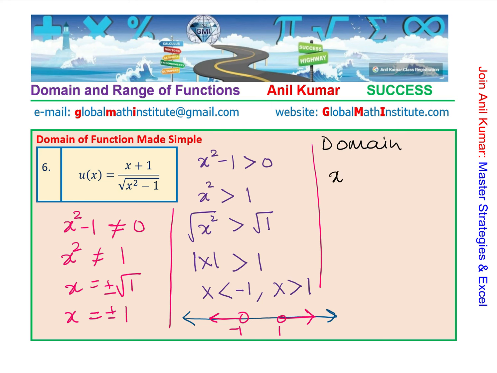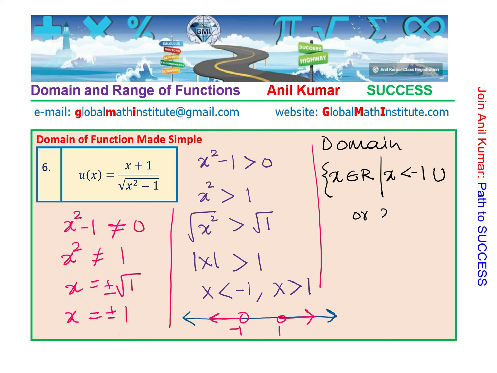So we say x belongs to the set of real numbers where x is less than minus 1 union, or you can use the term or, x is greater than 1. Makes sense. So that is how we can write the domain of this particular function.